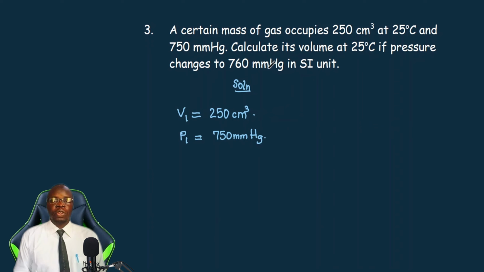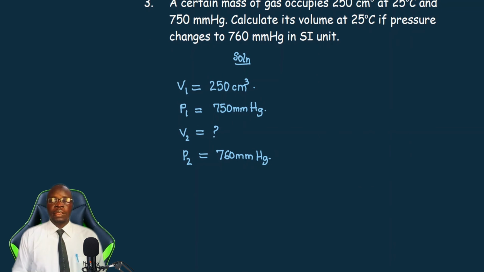If the pressure changes to that, meaning our volume 2 is missing, so we can represent it with a question mark, and pressure 2 has now gone to the standard pressure here, 760 millimeter of mercury. So again, we can quote our formula that says pressure 1 times volume 1 should give us pressure 2 times volume 2.